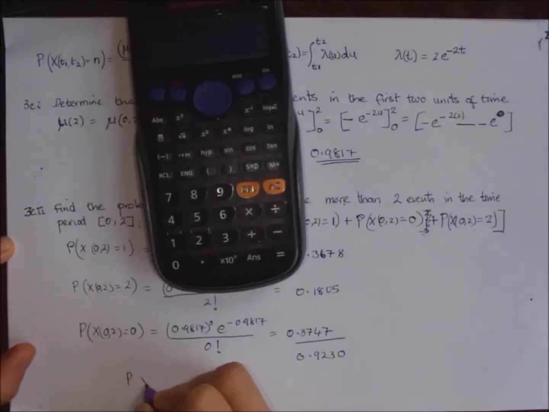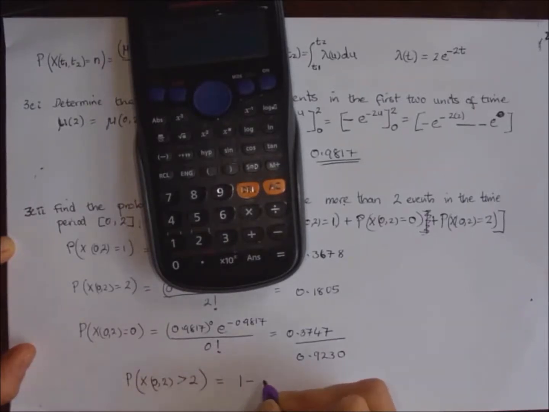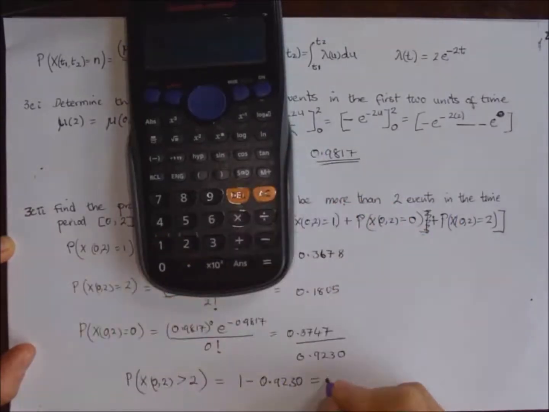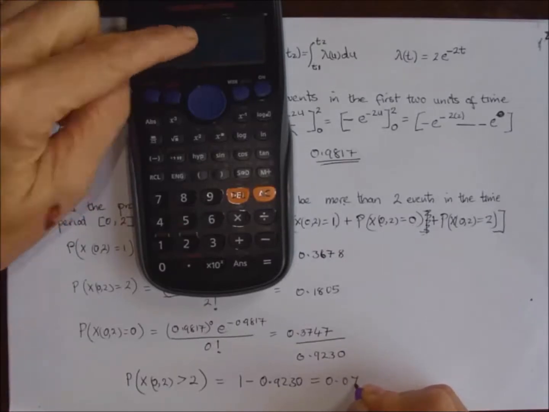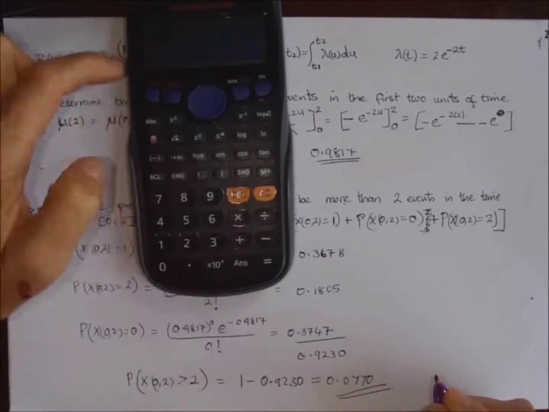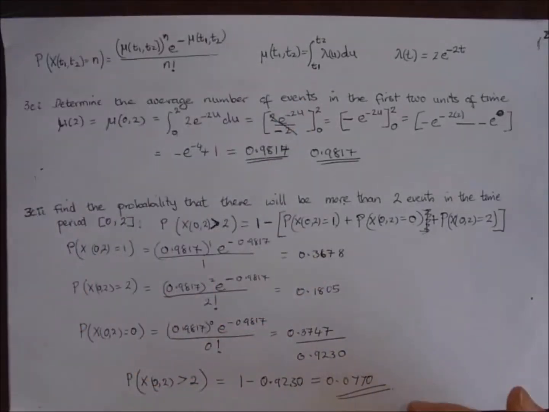So the probability that x between 0 and 2 is greater than 2 is equal to 1 minus 0.9230, which is 0.07695, so that's 0.0770. And that's your answer. Finished.